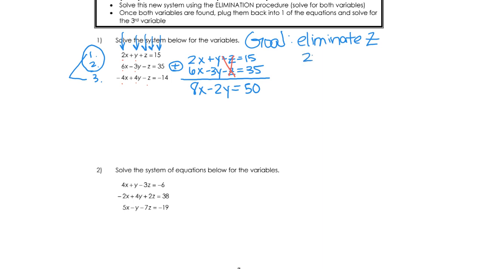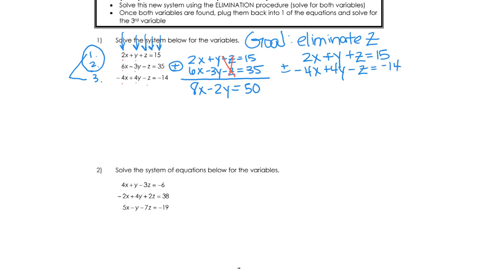And so I'm going to write it over here, 2x plus y plus z equals 15. And then we're going to take equation 3, which is negative 4x plus 4y minus z equals negative 14.